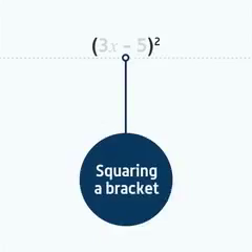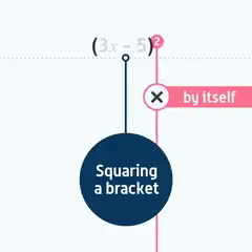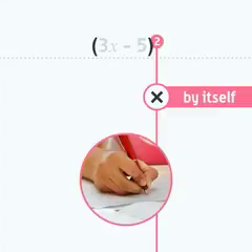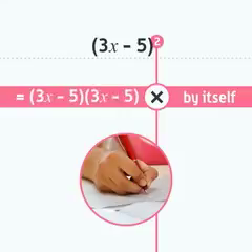Squaring a bracket containing an expression is another use of the idea. Remember, squaring means multiplying by itself, so write the expression out that way. For example, (3x - 5)² = (3x - 5)(3x - 5).